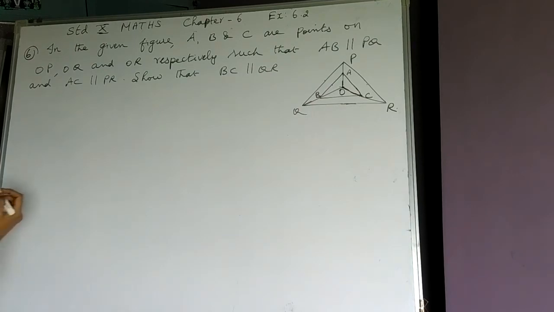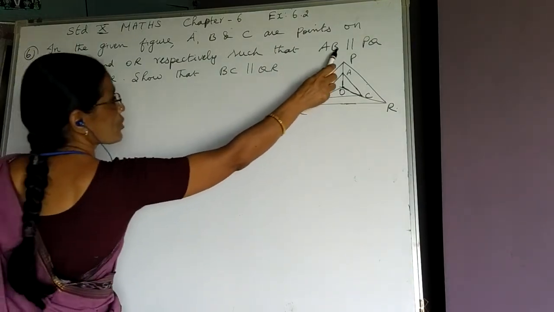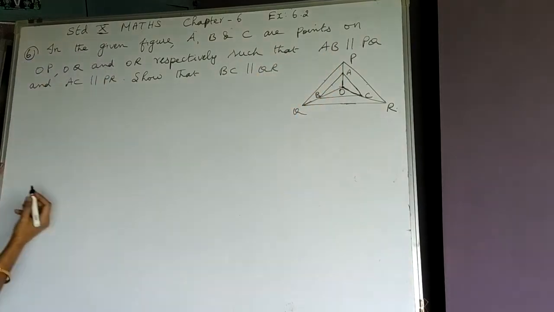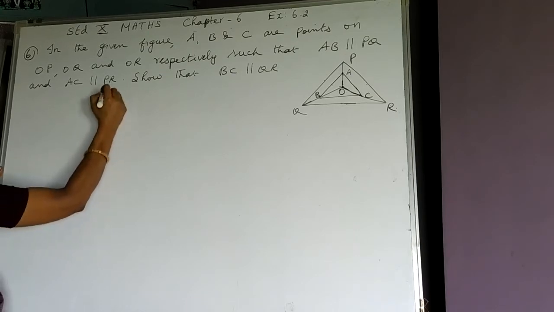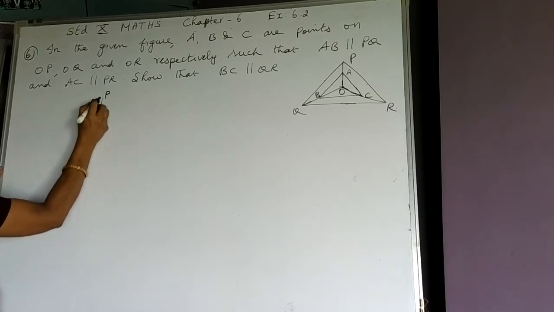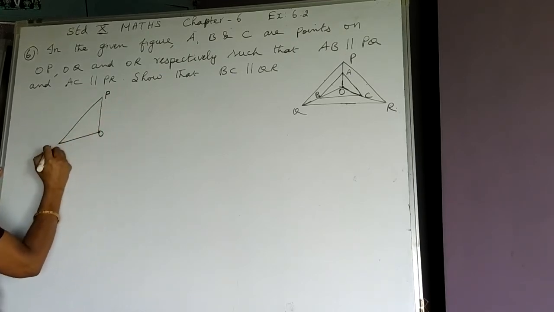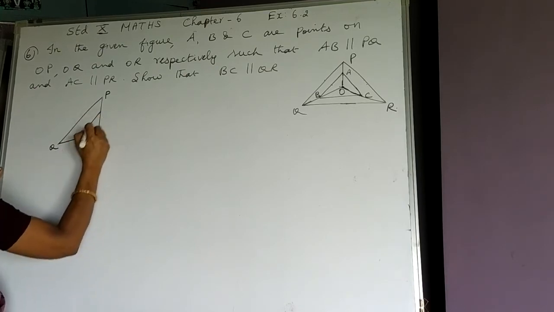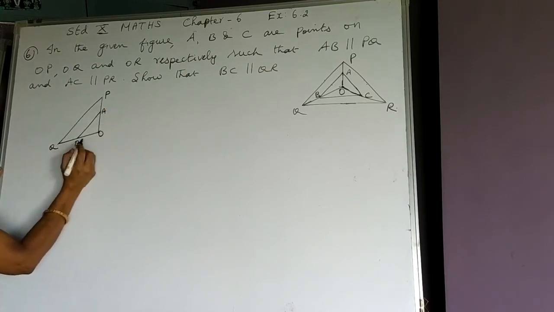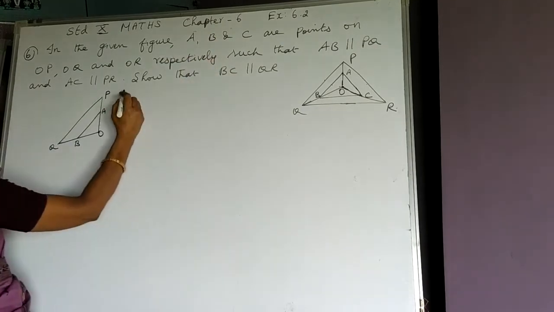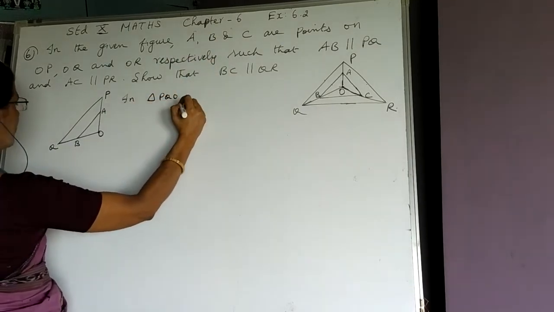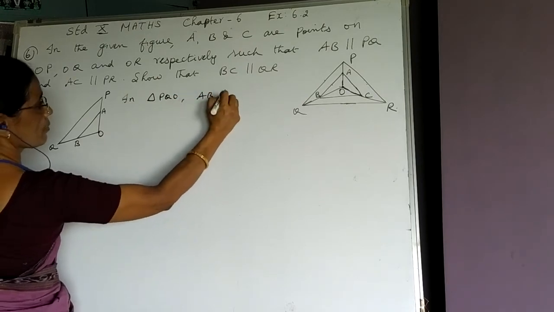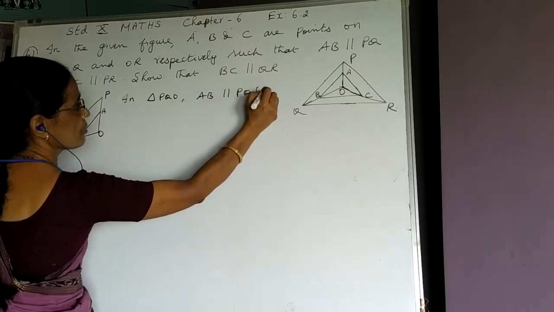So as before, we are going to take triangles in which these two lines are parallel. So the triangle can be identified. It is O, P, Q. In this, AB is parallel to PQ. So in triangle PQO, this AB is parallel to what? Parallel to PQ.